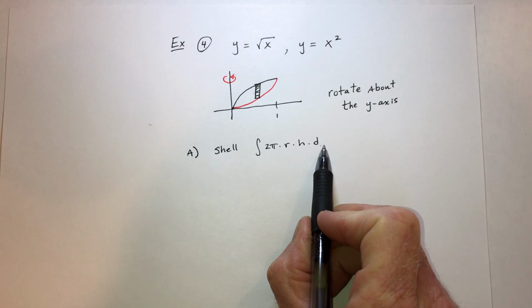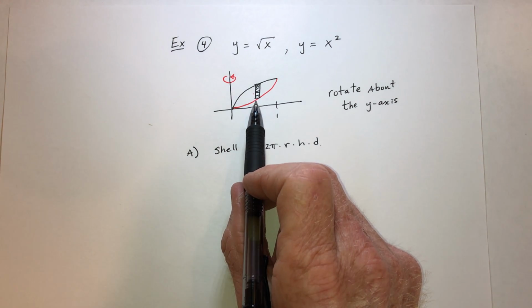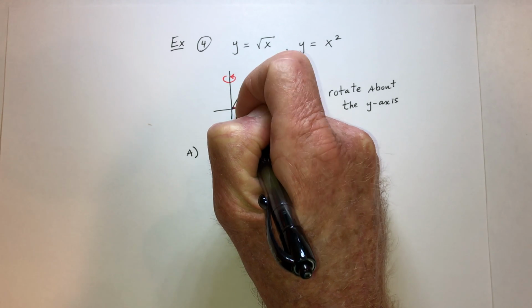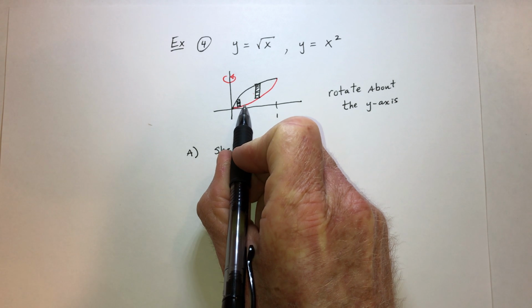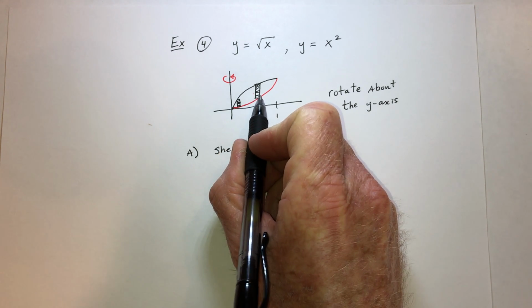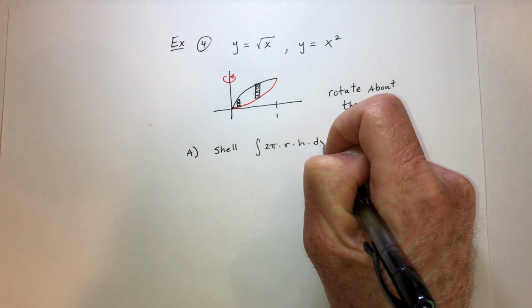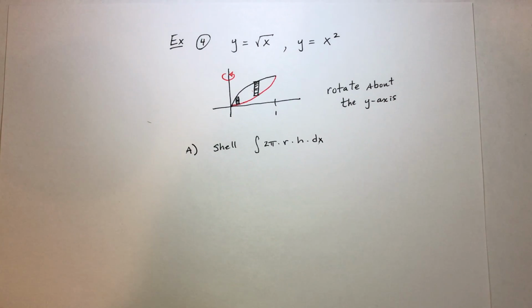And actually, I didn't mention it before, but this could be dx or dy. In this picture, it's going to need to be dx because you need the little rectangle to be down here at the beginning. And then it's going to have to move to the right, and move to the right. And what goes to the right? X. So this one is going to be dx.